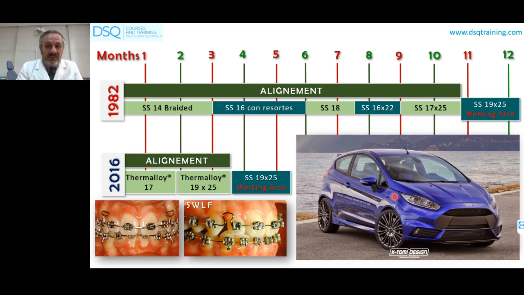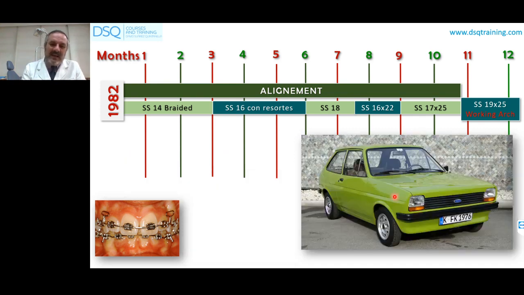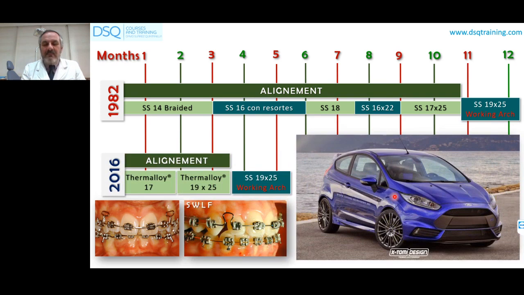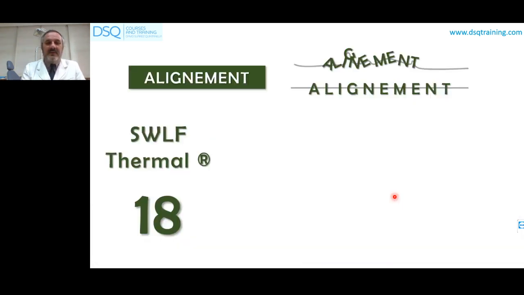Today, to get to the working arch wire in stainless steel 90 by 25 or 90 by 25 TMA is enough with 3 or 4 months. I think it's completely different. It's the same like the car in 1982 and the same model but different car in 2016.